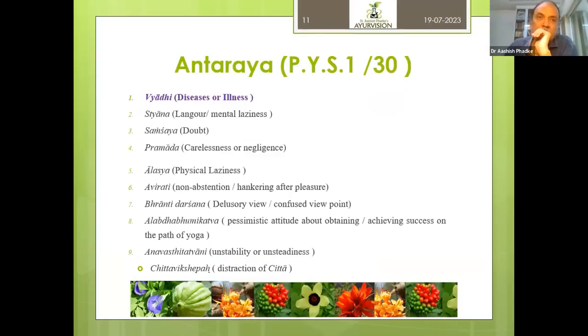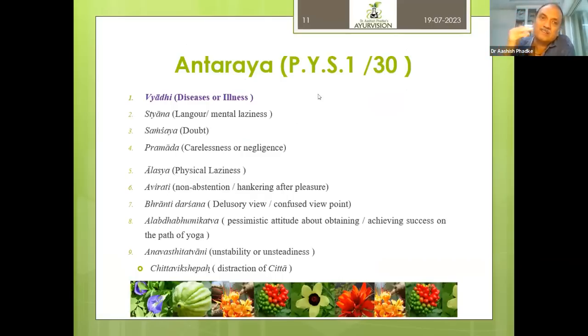Then in yoga, in Patanjali Yoga Sutra, particularly Ashtanga Yoga, where is the reference to, say, an Ayurvedic term? The very first antaraya, the very first obstacle which Patanjali Muni has mentioned there is Vyadhi. And you remember in our earlier slide, we discussed the various synonyms of Vyadhi: Roga, Papma, Jvara, Vyadhi, Vikara, Dukkha, Amaya.